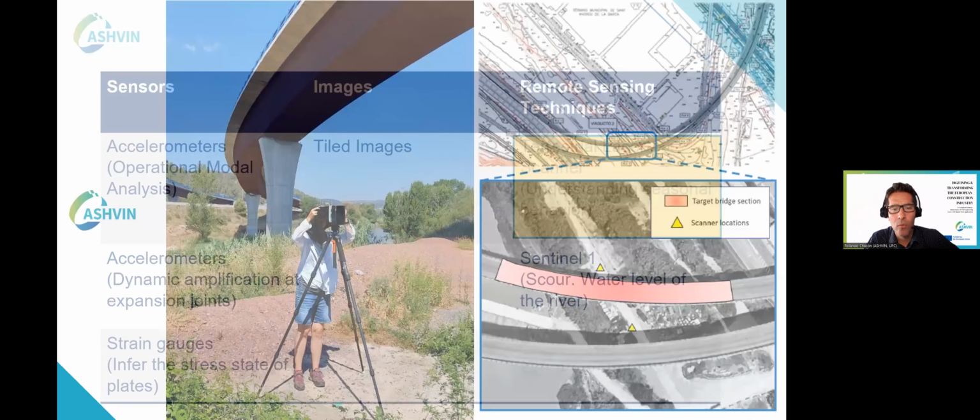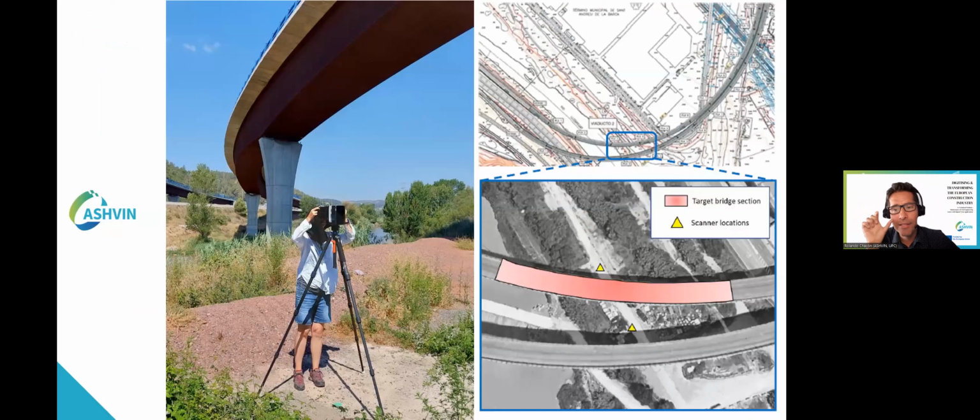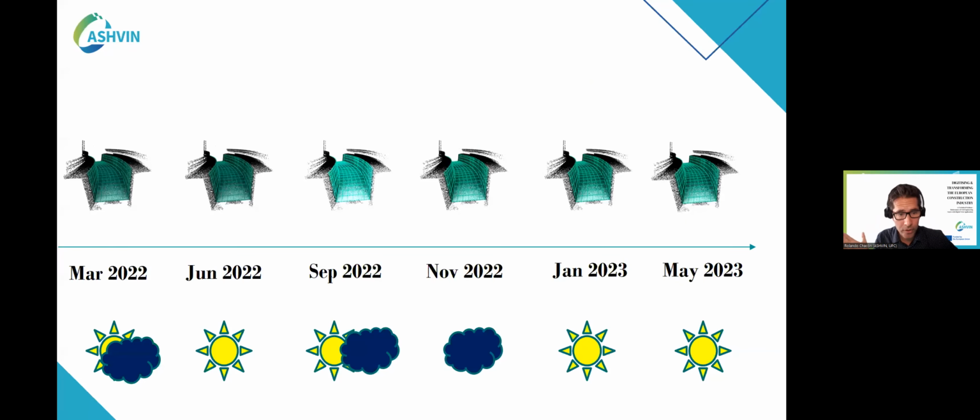So we measured a specific portion of the bridge that you can see in the slide, not the whole 800 meters, but only a target bridge section, with a laser scanner. This was performed seasonally, during a year in several seasons.